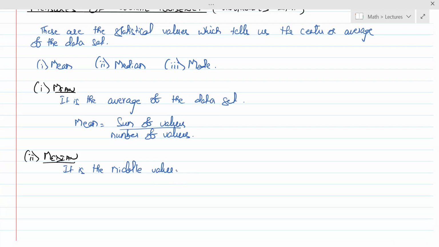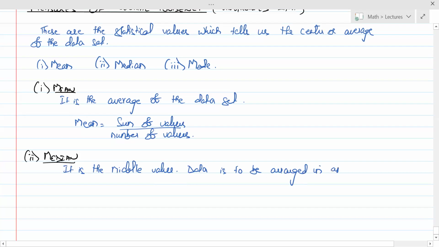The data needs to be arranged in either ascending order or descending order to pick the median.